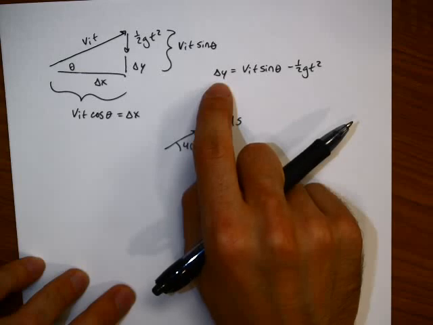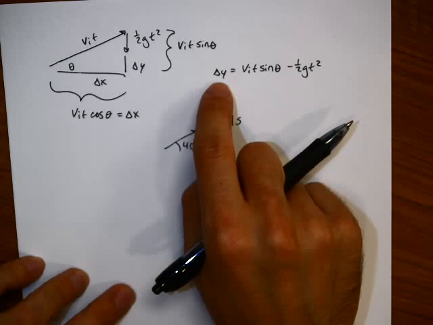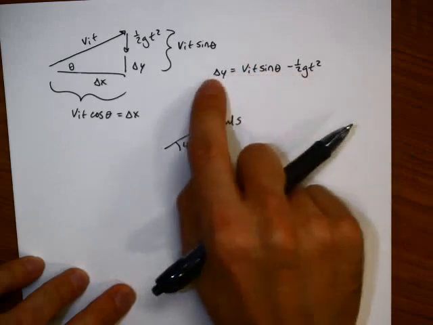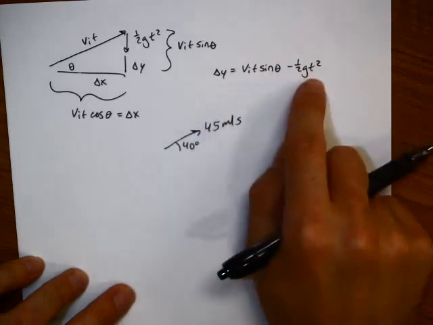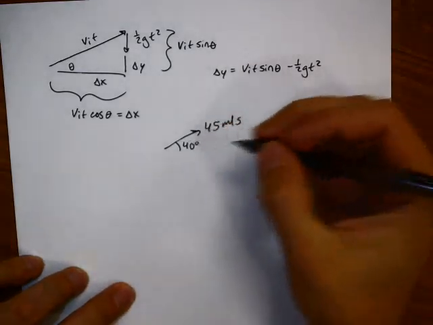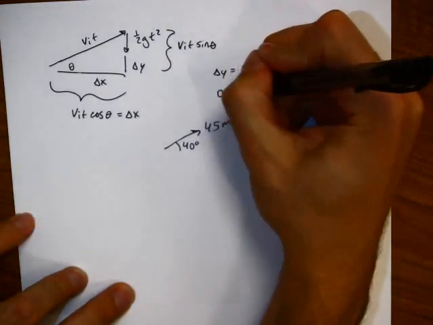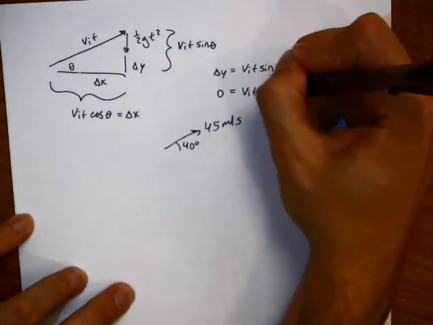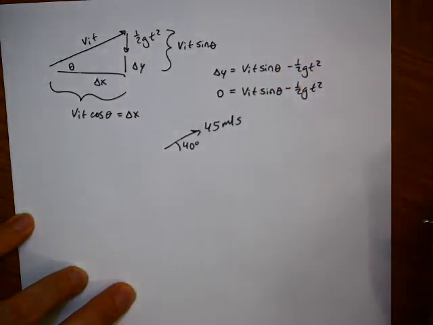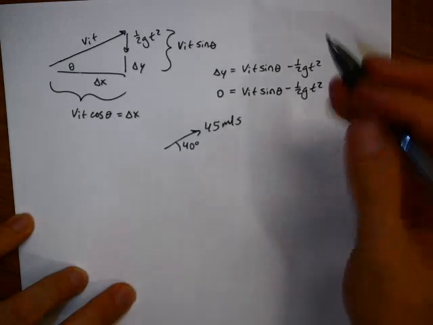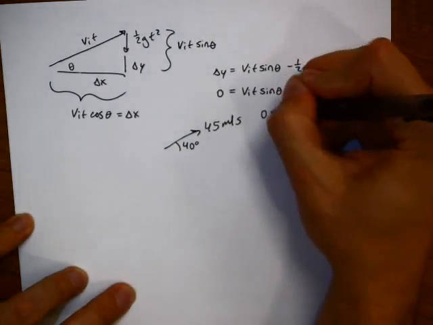The difference between ground level and ground level is 0. So the overall vertical displacement is 0 at the time at which the object lands. So we set delta y equal to 0 and then solve for t, obtaining the time it takes the object to land. So delta y equals 0 equals VIt sine theta minus 1/2 gt squared. We can factor out a t.